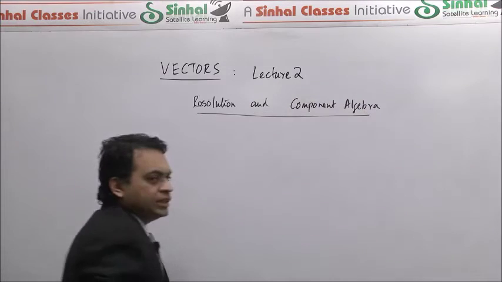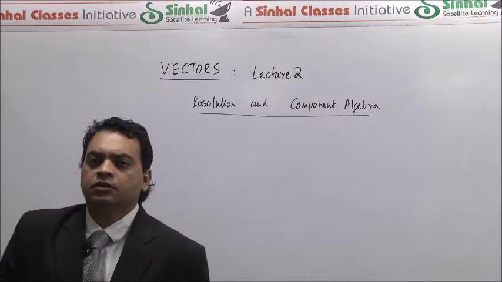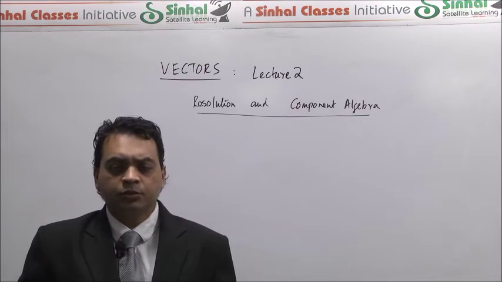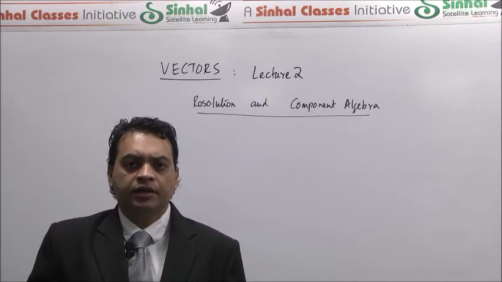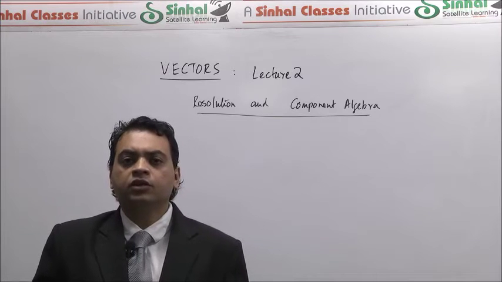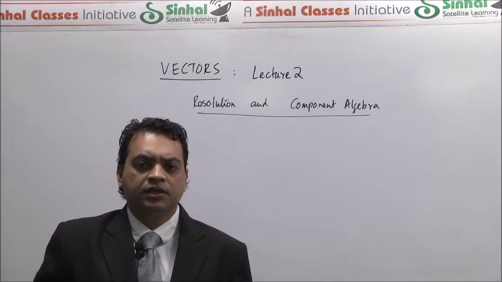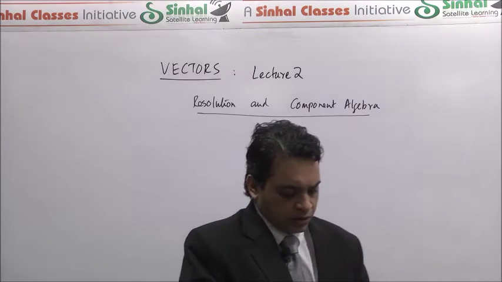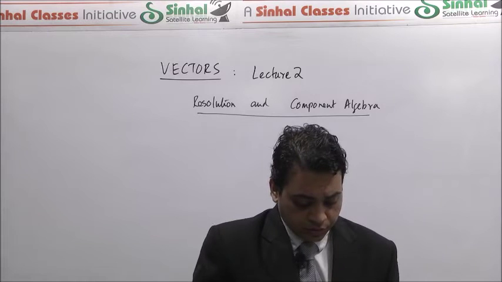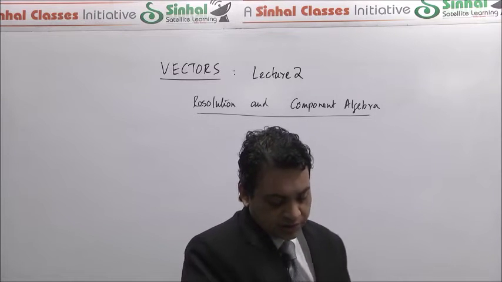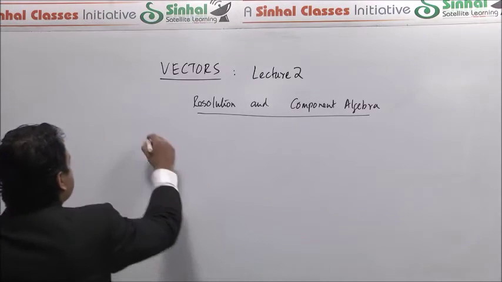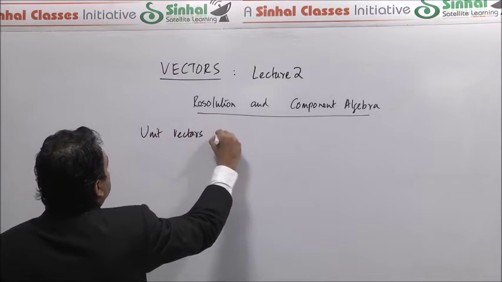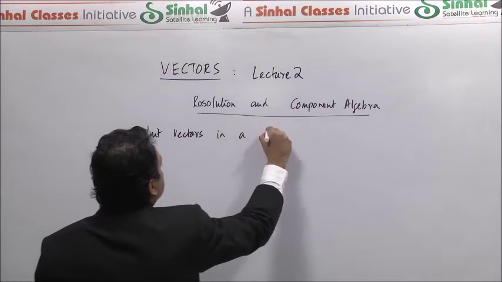So this is an alternative approach to vector algebra, wherein it is essentially based on a sort of coordinate geometry approach to understanding vectors and to working out various algebraic operations like addition, subtraction, etc. on vectors. So first of all, under this section, let us understand unit vectors in a Cartesian coordinate system.